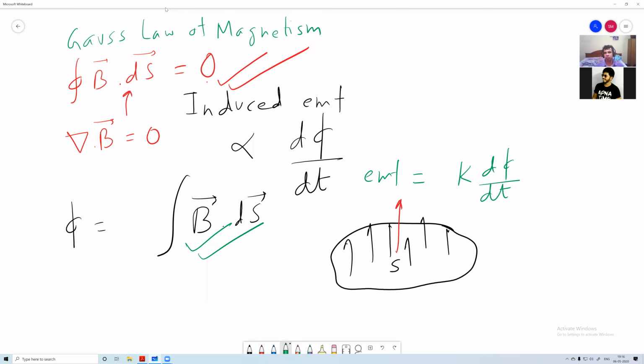There is another law which is always used with this Faraday's law. What is that? Yes, Lenz's law, L-E-N-Z. And what does Lenz's law say?